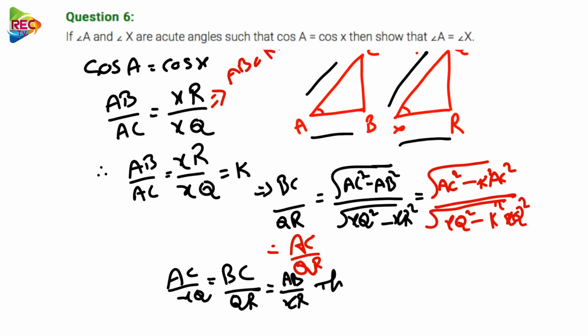So triangle ABC is similar to triangle XQR. Therefore angle A equals angle X. So here, cos A equals cos X, then angle A equals angle X.